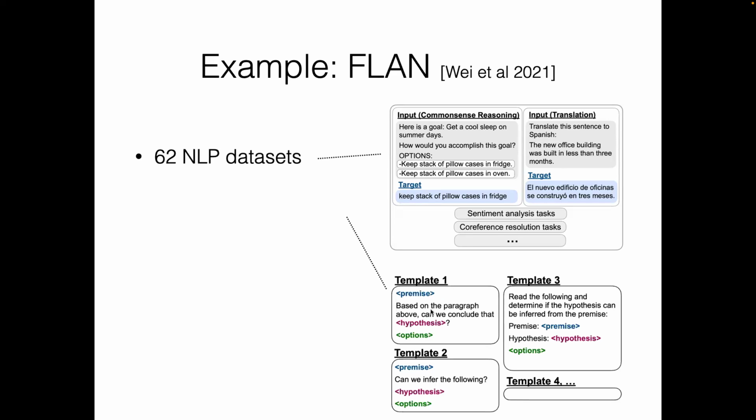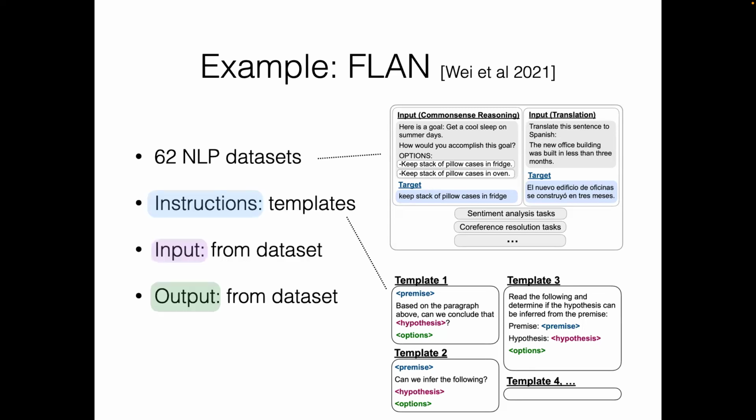And they used templates to transform the inputs and outputs to have some instruction. So here it's saying, read the following and determine if this hypothesis can be inferred from the premise. They hand wrote these templates, and then you can run this on all the data sets. And now you have these 3 ingredients for the instruction tuning data set.